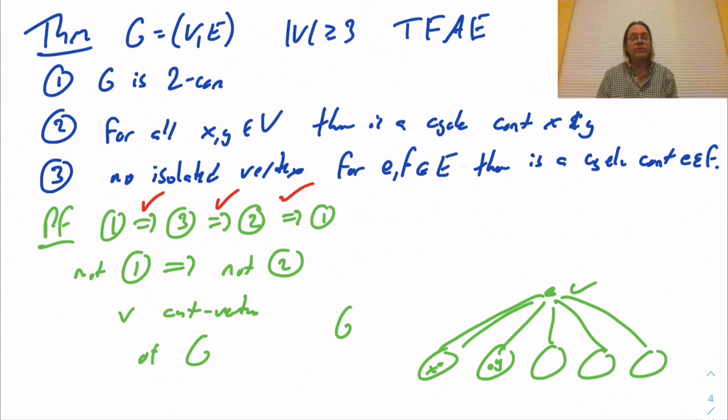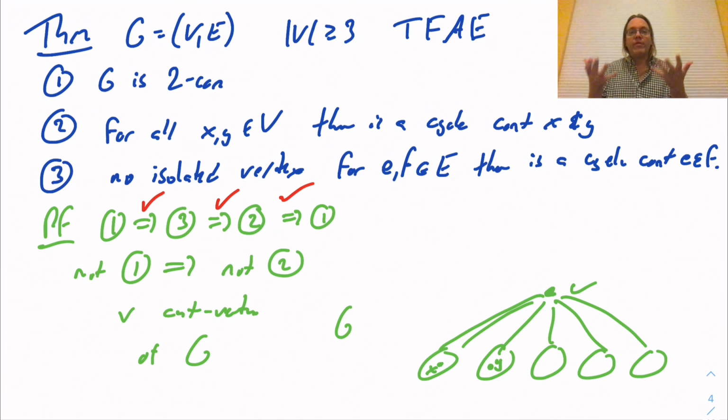And it's got us to a very nice point. We are now equipped with a precise structure for when a graph has a cycle containing 2 given edges. We've got a higher notion of connectivity. A graph is 2 connected if it's connected, deleting any vertex leaves you connected, and you satisfy this technical assumption that your graph has at least 3 vertices.